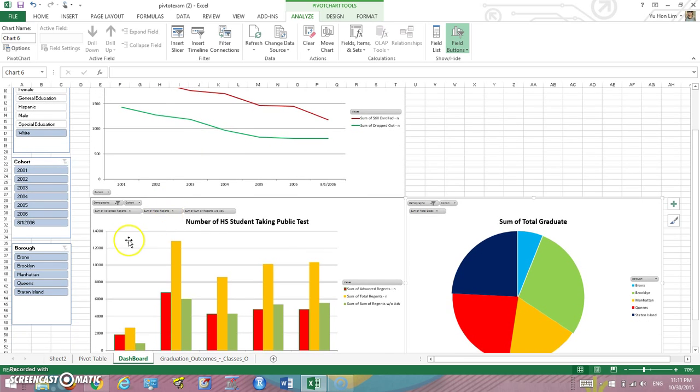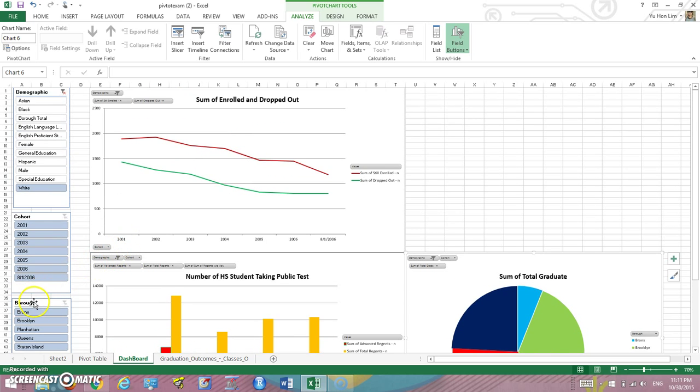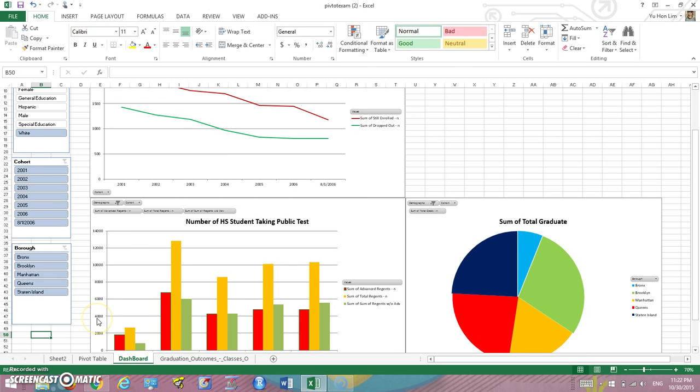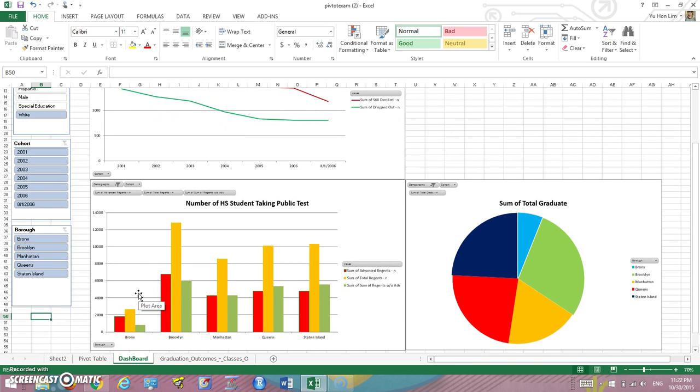I believe this dashboard would be useful for the Department of Education to address the dropout issue. That's the purpose of this project. Thank you very much.